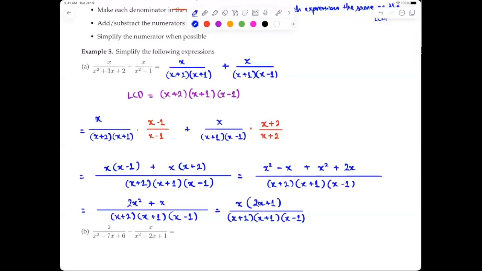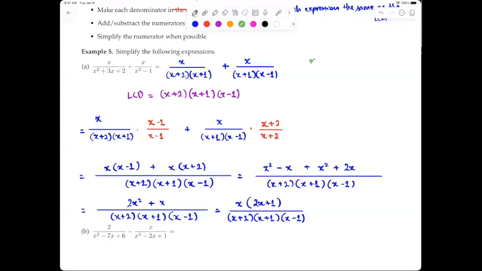There you go. Got to put down the conditions for the rational expressions. Okay, so let's do that. So I'm going to do that up here. So there are 3 different terms. So x plus 2 different from 0, x plus 1 different from 0, x minus 1 different from 0.